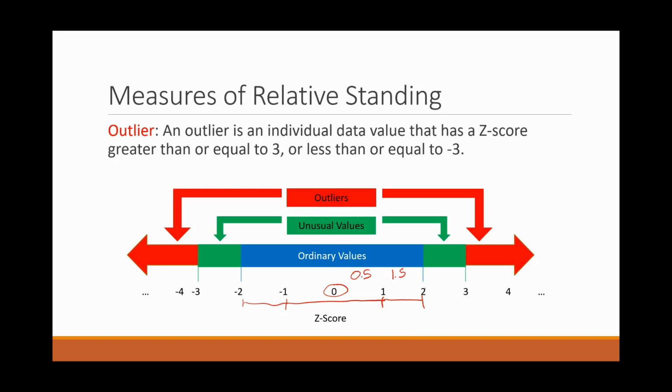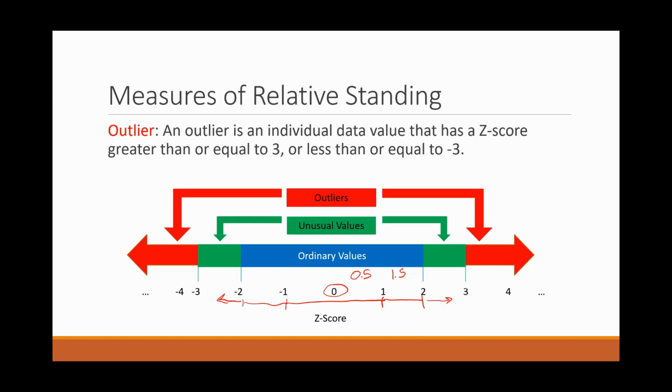Once you get around 2 or above, or around -2 or below, then you start saying, wow, okay, these are pretty unlikely. A z-score above 2, you look at that and you're like, wow, that's unusual. It's not very likely for that to happen.